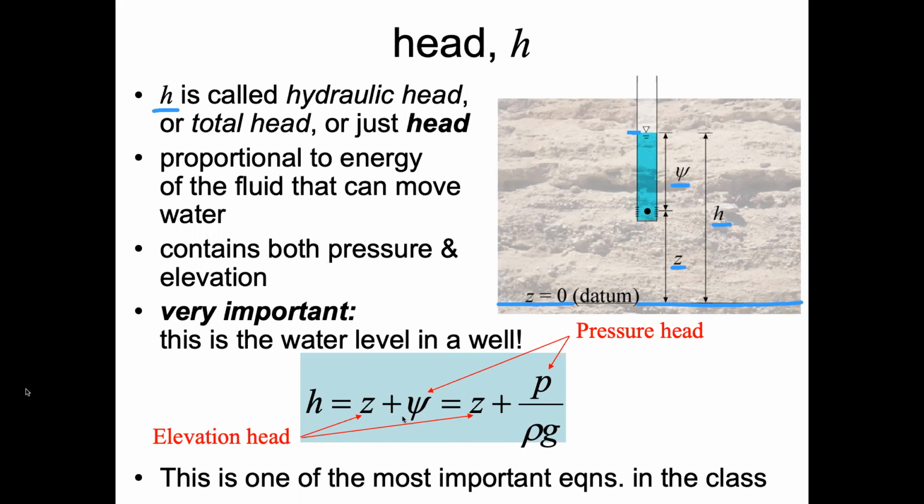Now, one component of this is understanding what pressure head actually means. Pressure head is going to be the pressure that could be felt, measured down here at this point, divided by the density of water and gravity.